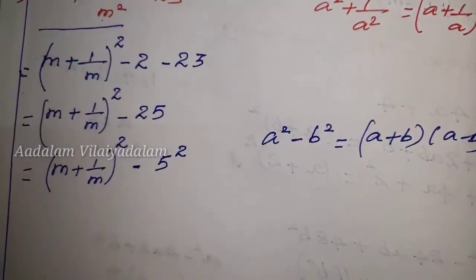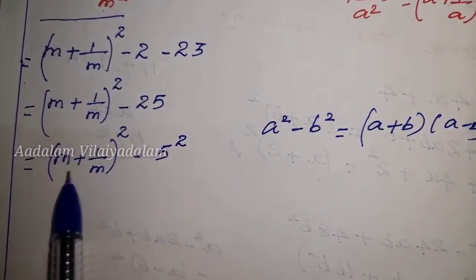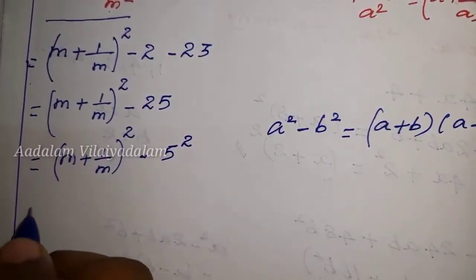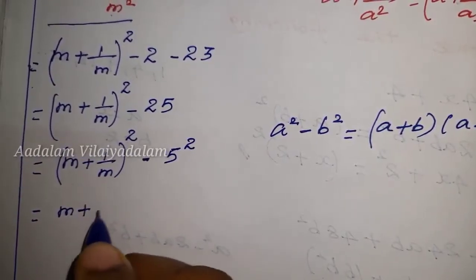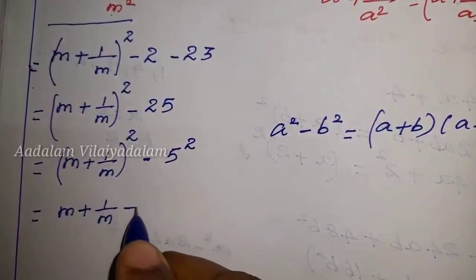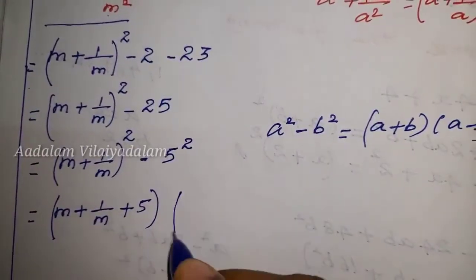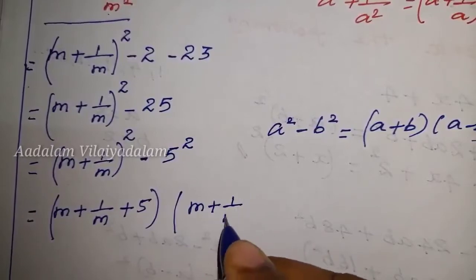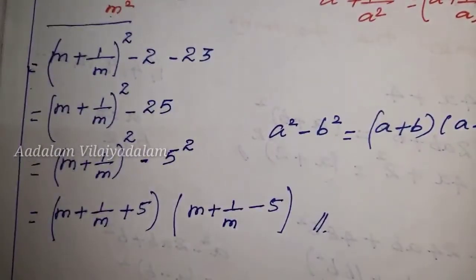Here a equal to m plus 1 by m, and b equal to 5. So a plus b, that is m plus 1 by m plus 5, into a minus b, that is m plus 1 by m minus 5. So this is the factor.